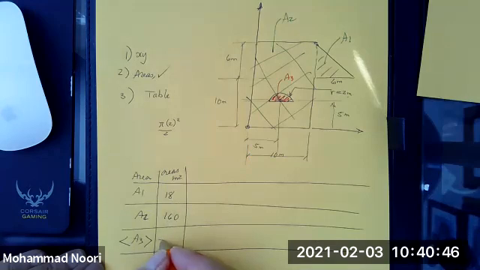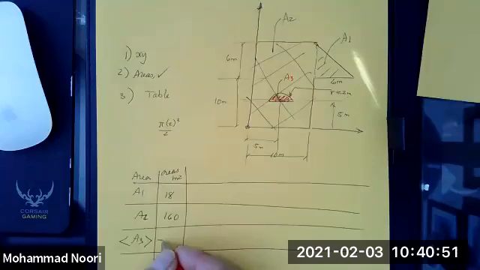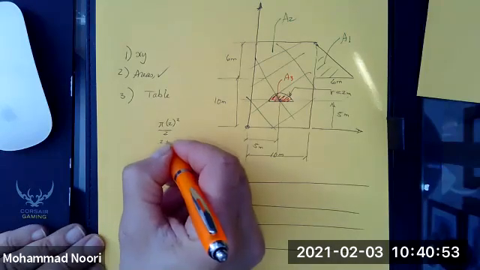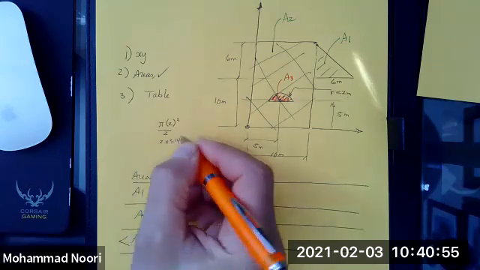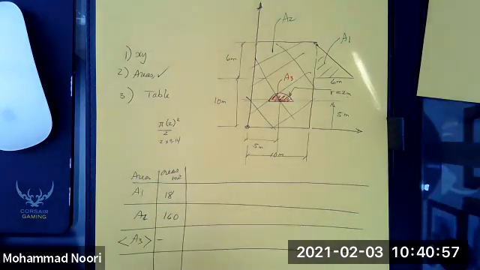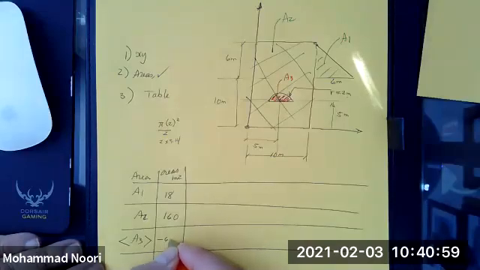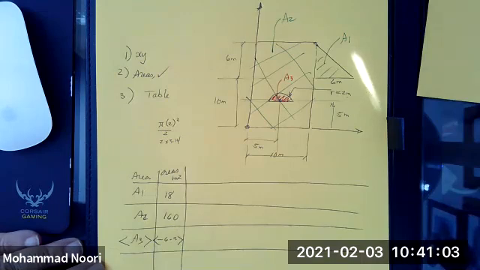So negative 2 times pi, which becomes almost 2 times 3.14. I would say it's almost 6.3, and that is negative.